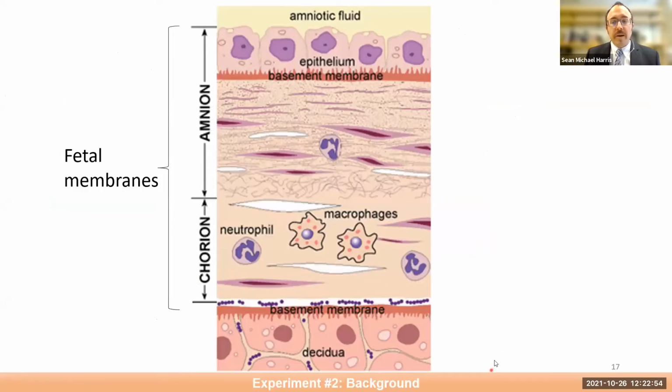The fetal membrane explant model is really cool. It captures the architecture of the fetal membranes, as shown here in cross section, with both the chorion and amnion. However, because it is full thickness tissue, it contains a variety of cell types. These include all the cell types that make up the fetal membranes, like epithelial cells and fibroblasts, as well as resident macrophages.